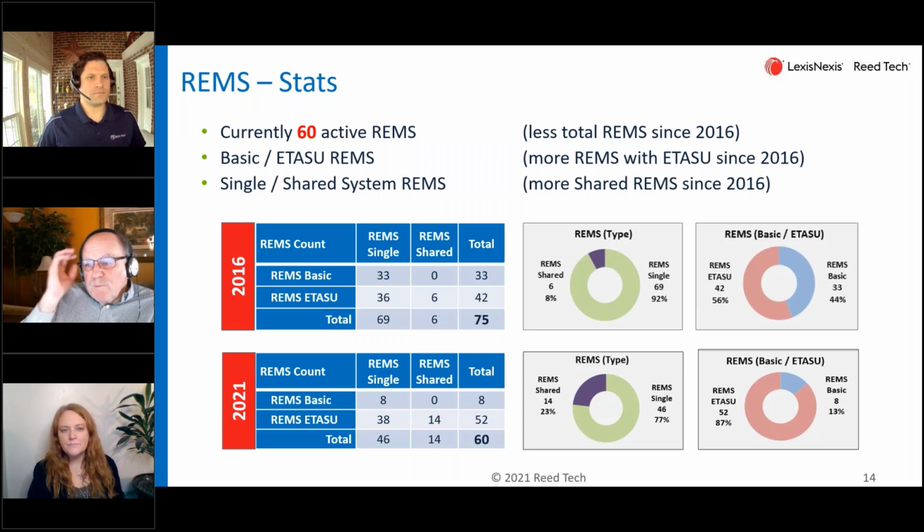So there are significantly more REMS with ETASU than in 2016, and the shared REMS have been increasing. So the idea of a single basic REMS is going down, and there's certainly more complexity here over the course of time, and we kind of expected that sort of issue.